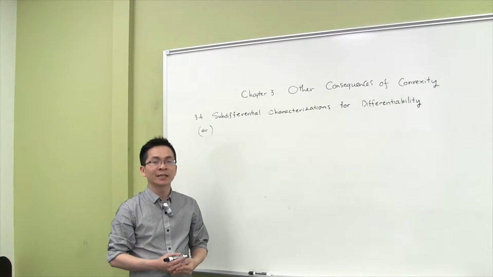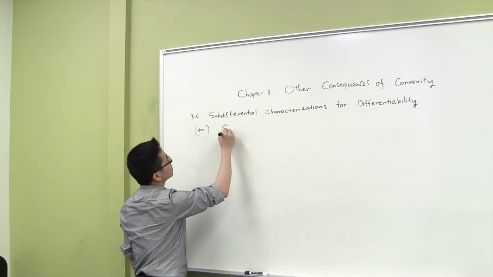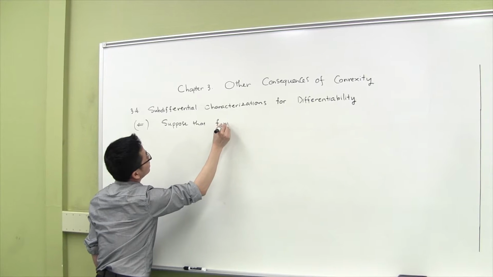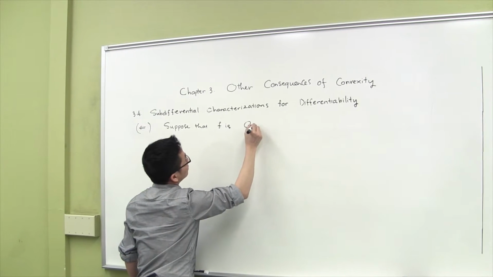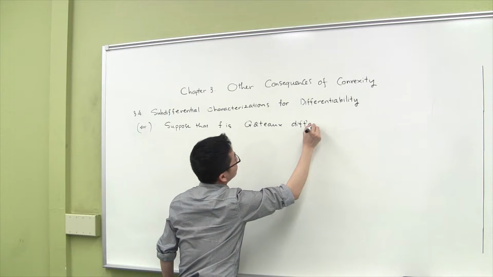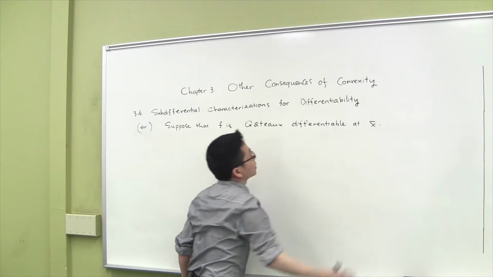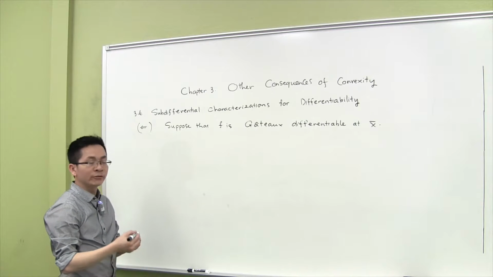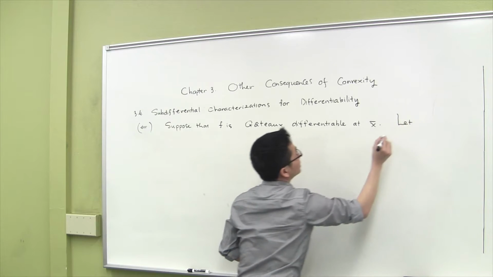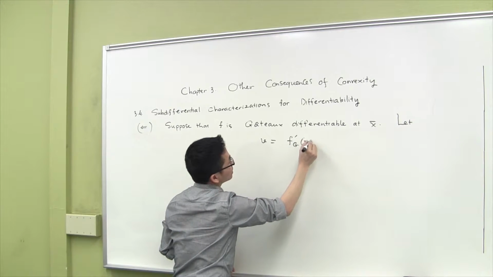Now let me go ahead and give the proof of the opposite implication. So suppose that f is Gateaux differentiable at x bar. Our goal is to show that it's Fréchet differentiable at this point. So let v be the Gateaux derivative of the function f at x bar.